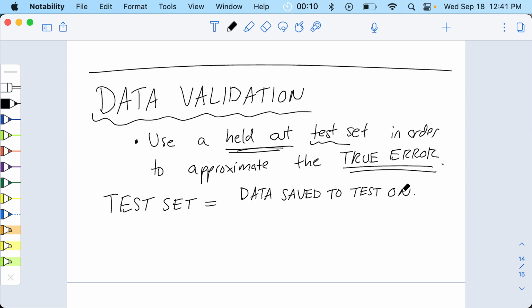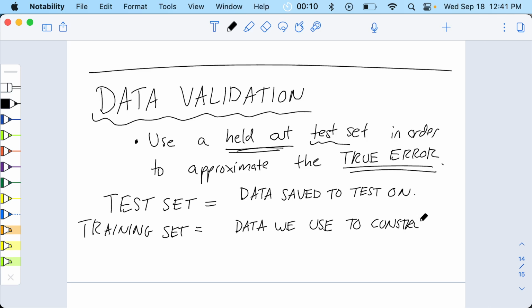Okay. And by contrast, everything that is left over is called the training set. The training set. And this is data we use to construct our estimates.